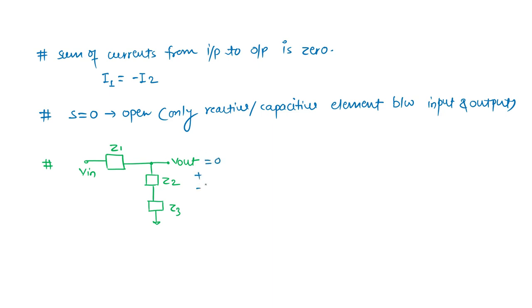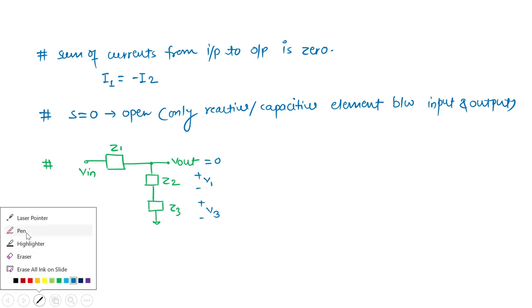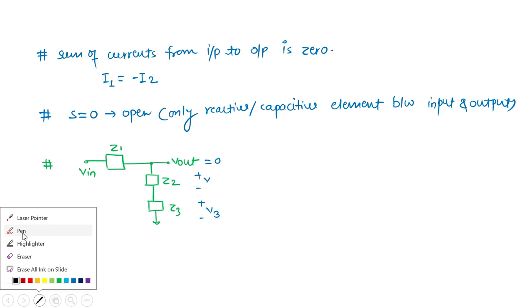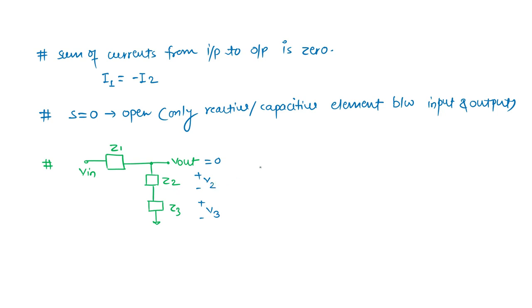What I will do: the output is nothing but a sum of two voltages, which I call V2 and V3. So overall, the output is the sum of two voltages, V2 and V3.